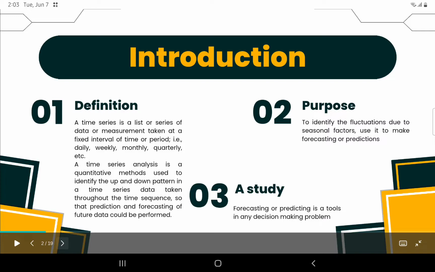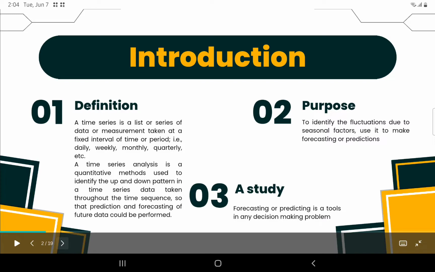The purpose of studying time series is to identify the fluctuations due to seasonal factors, so that we can remove them in our computation when we plan for the future by making forecasts or predictions.